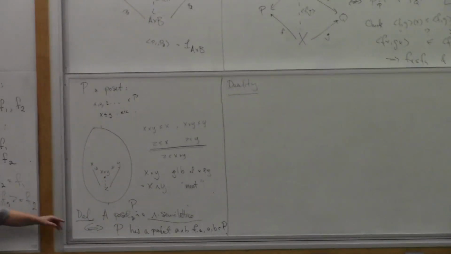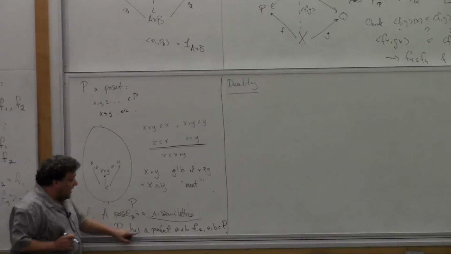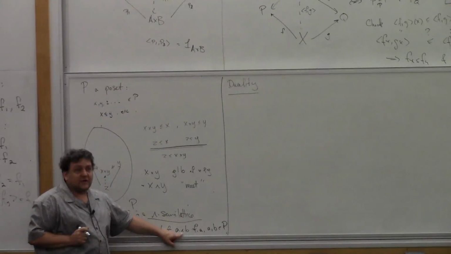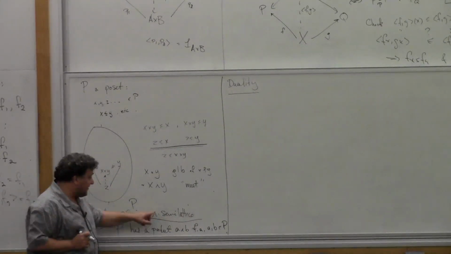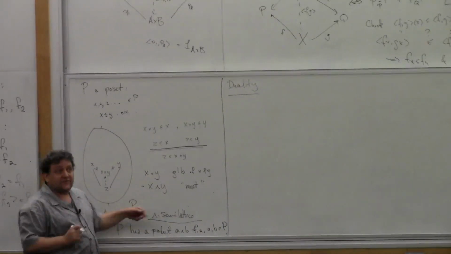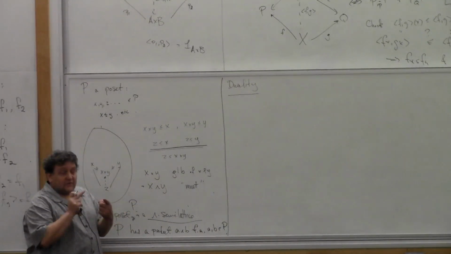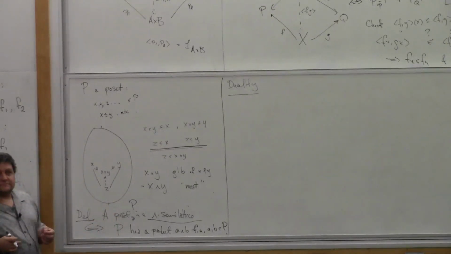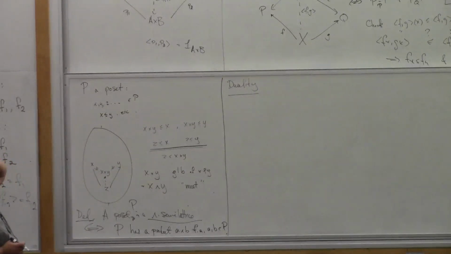Yes. Okay. Now you can check that if you have a product for any two elements, the product necessarily satisfies all the laws for a meet semilattice. It's associative, it's commutative, and so on.